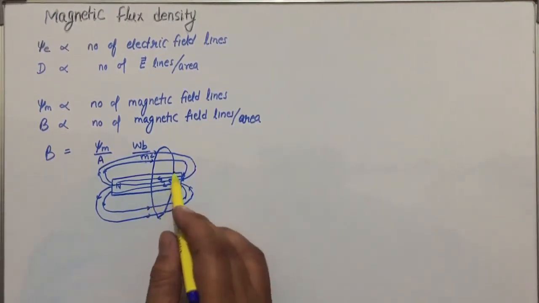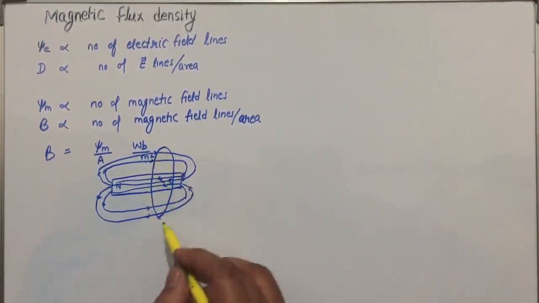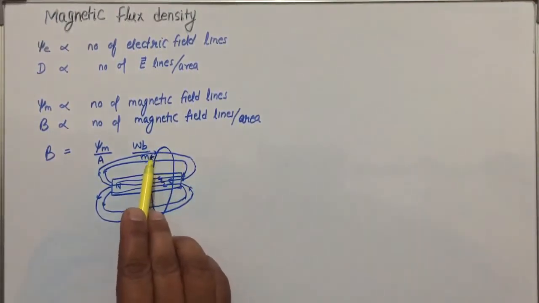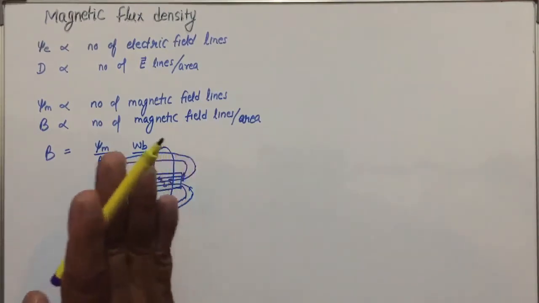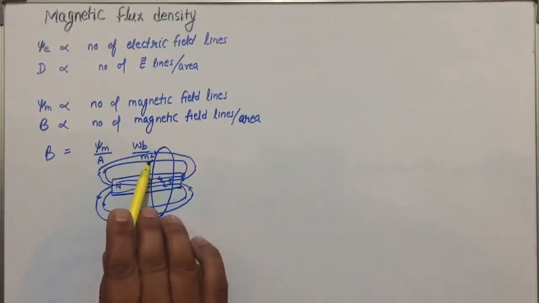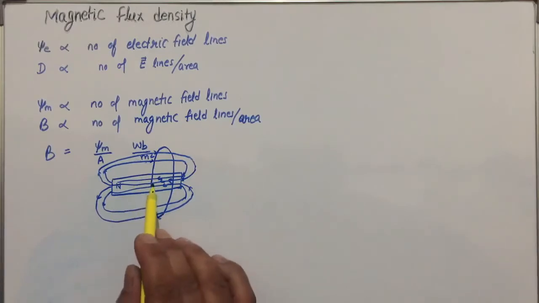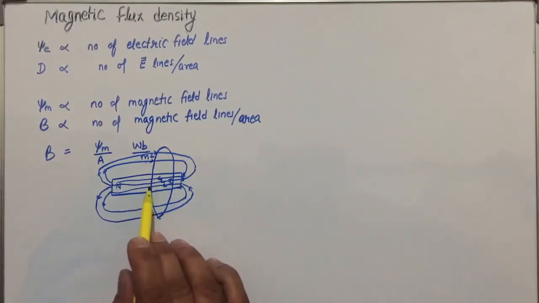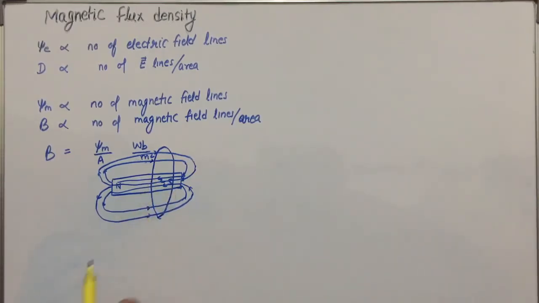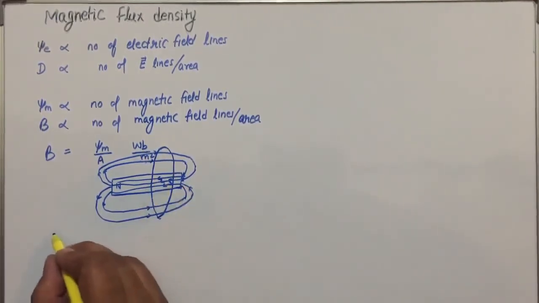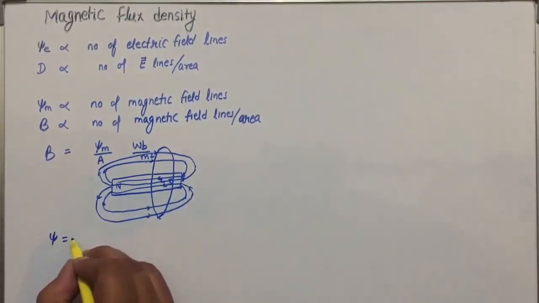For any closed surface, the number of lines that are incoming and outgoing are the same. So for any surface, the total flux enclosed by it will be 0.